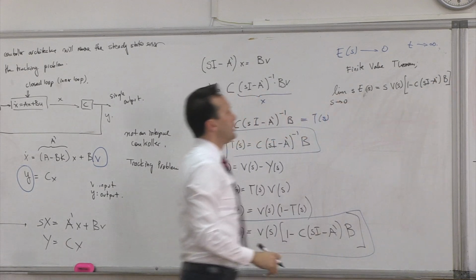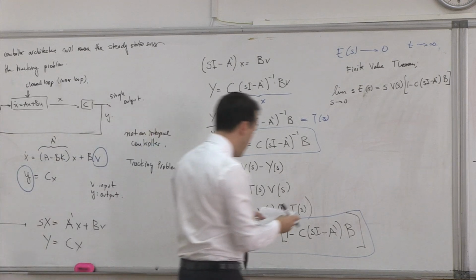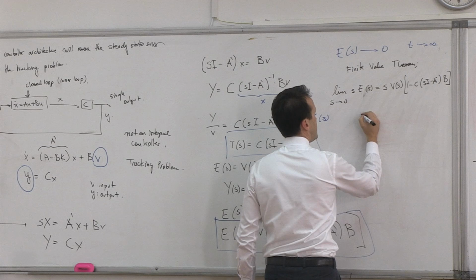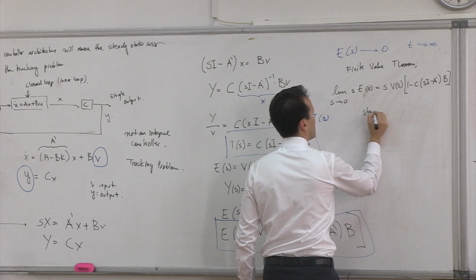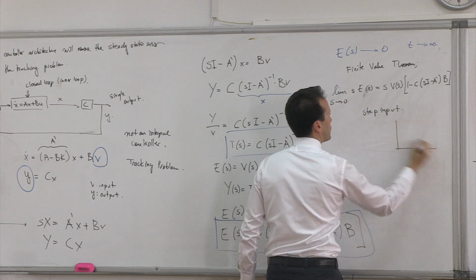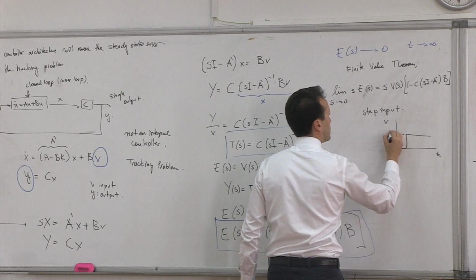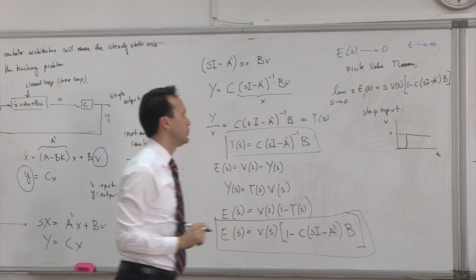Now V is the input. What we're going to look at is, if I give an input, what's going to happen? So let's give an input of 1. Let's give a step input. So V in time will look like that. Okay, so it's a step input.